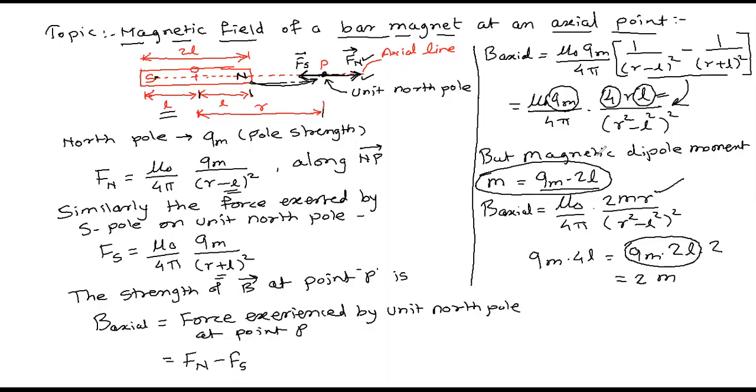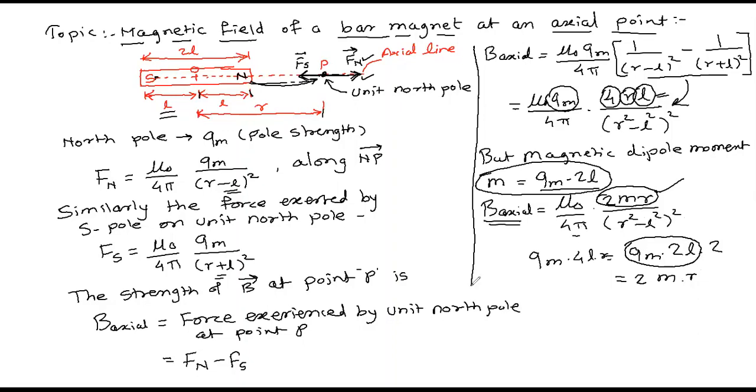And r is multiplied here, the r factor is there already, so ultimately you will get 2Mr. So the magnetic field on the axial line is equal to μ0 upon 4π, 2Mr upon (r² − l²)².